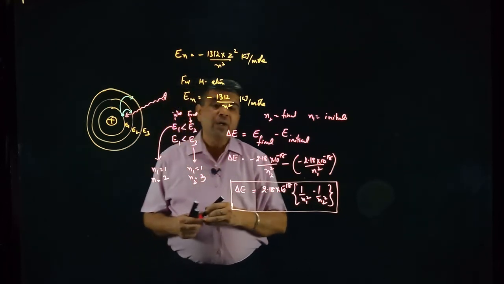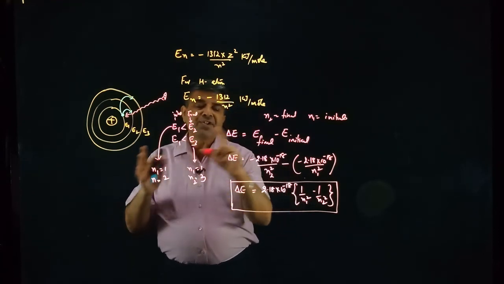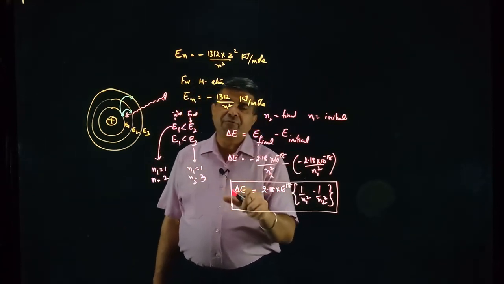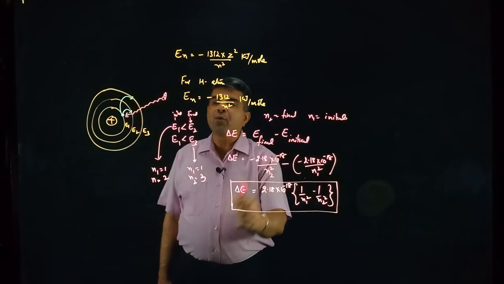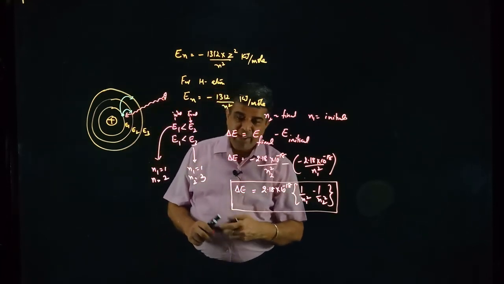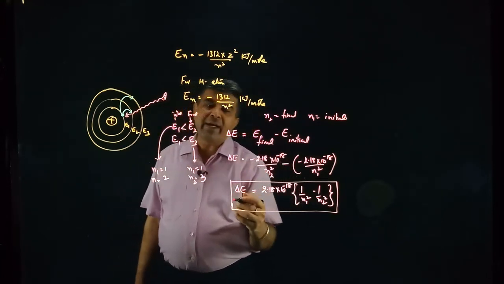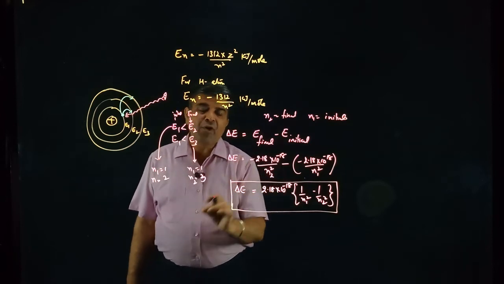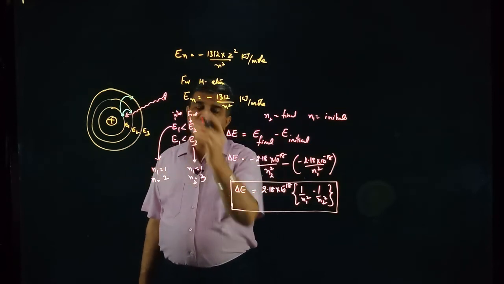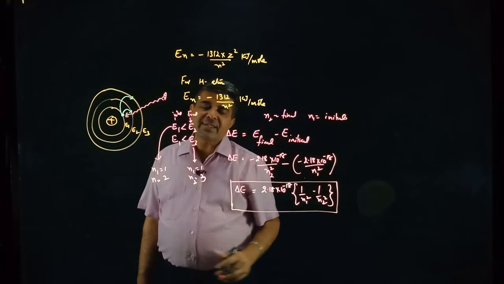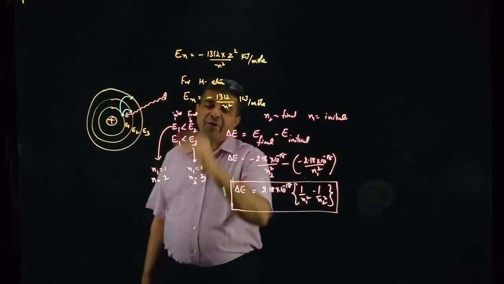So this is how the electronic transition is carried out, and this formula will give us the energy required for that electronic transition. Now we can also calculate the wavelength or frequency that is sufficient to make this electronic transition.